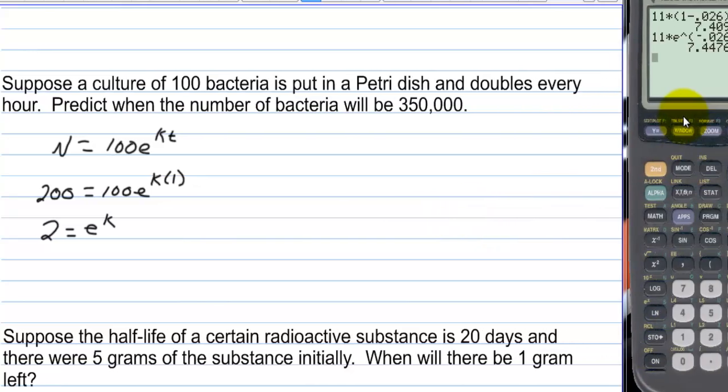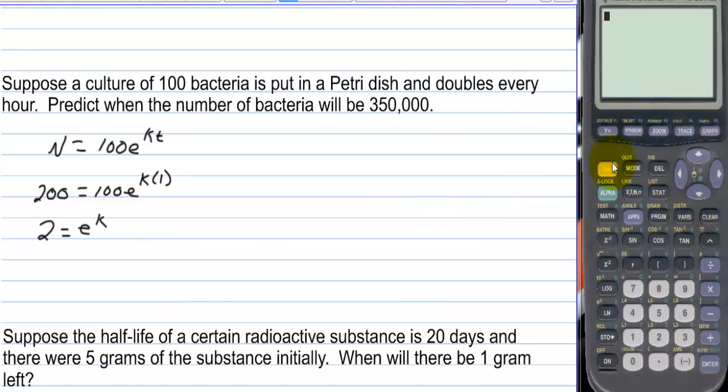So on our calculator in y1, we can put in e to the k, or in this case, e to the x, and put 2 in y2. Now let's graph this with the standard window. So we'll go zoom 6. There's e to the x, and there's 2.